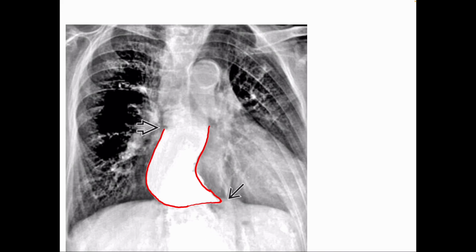This particular appearance is known as bird beak appearance, which is seen in achalasia cardia. In achalasia cardia, the narrow part is abnormal because it is not relaxing at all, and this part is normal. This is just a dilated esophagus due to accumulation of food particles.